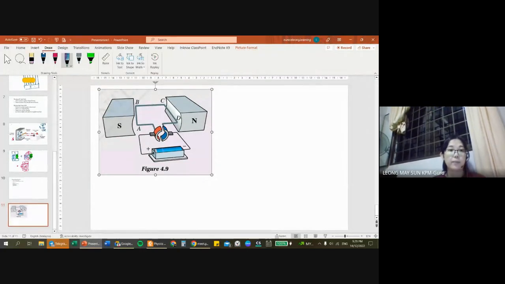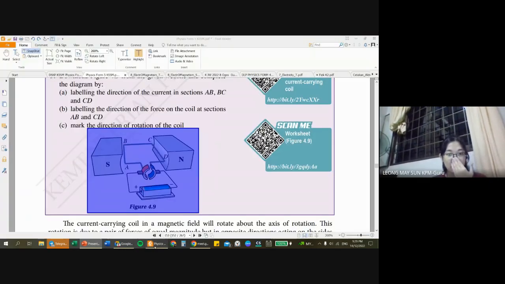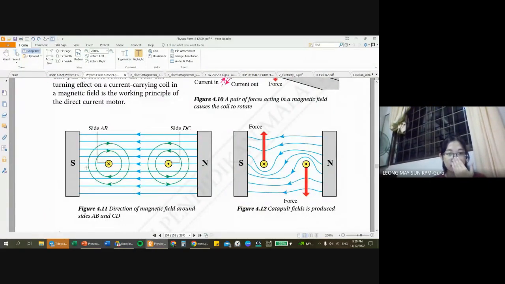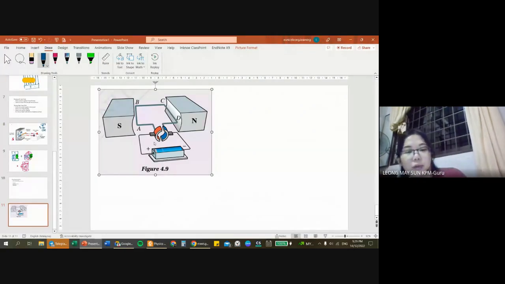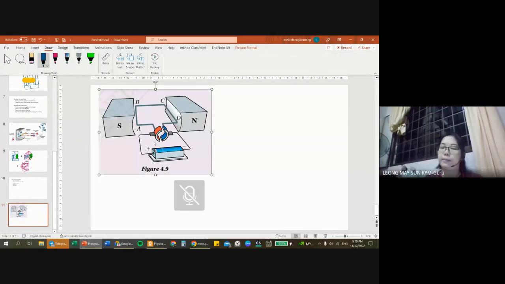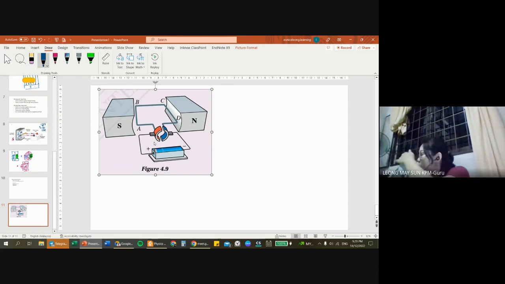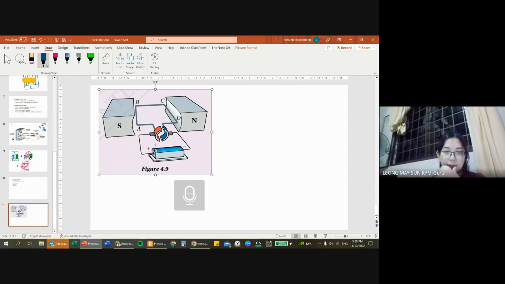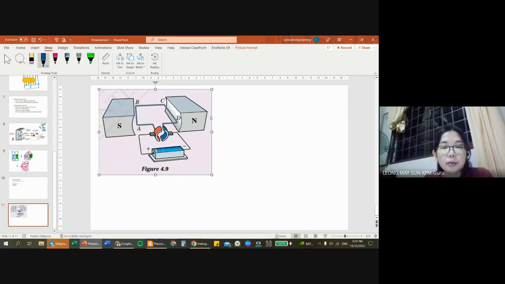Okay, so I'm going to analyze this. Let me see whether the picture is the same. Cross in, out. Give me 1 minute to drink water first.